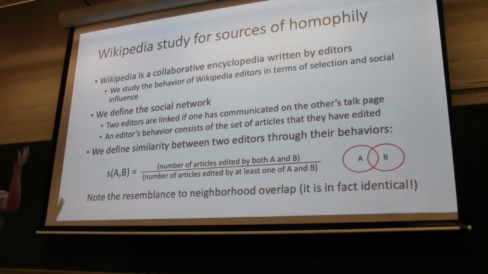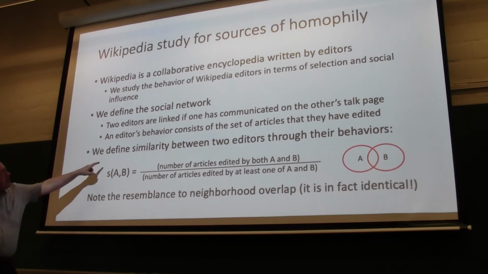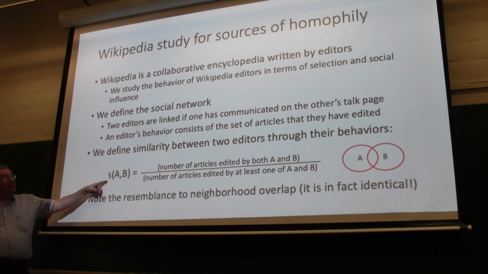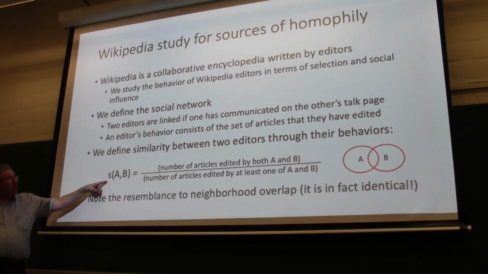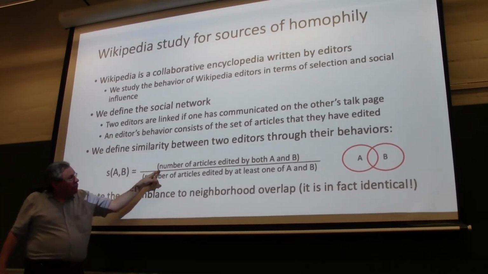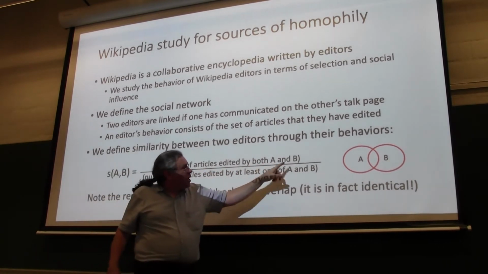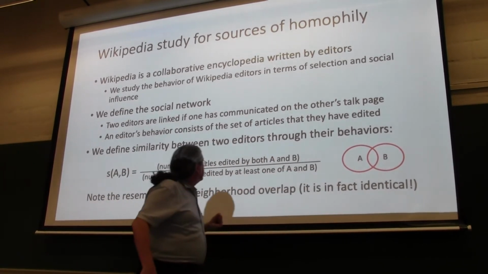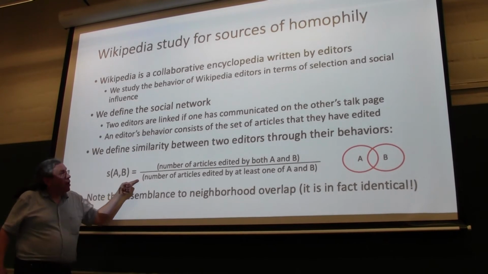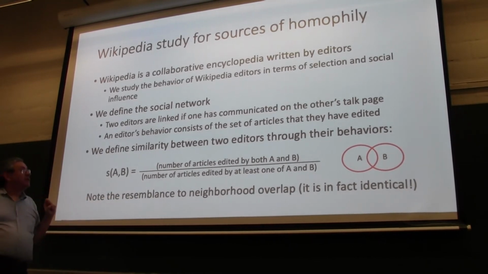So every editor has a set of articles. We can define the similarity between editors through the articles they edit: the number of articles edited by both A and B, two editors, divided by the number of articles edited by at least one.